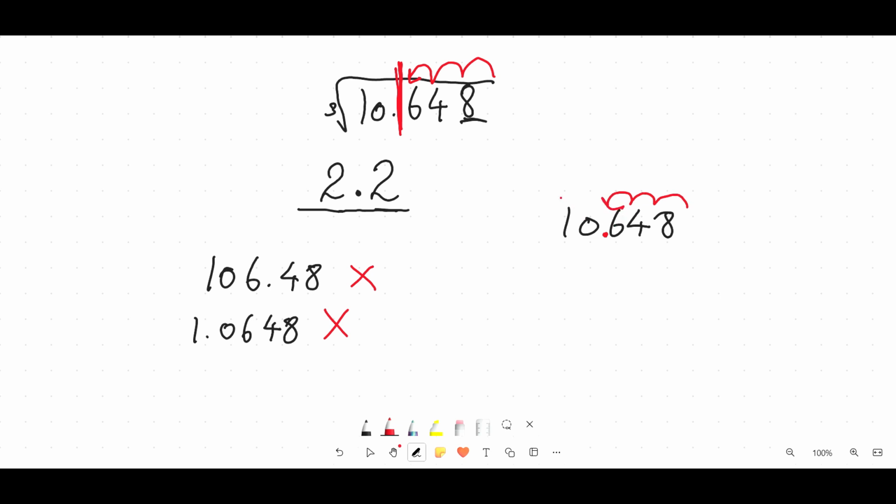Only then will this decimal number also be a perfect cube. Otherwise, for 106.48, you might get 2.2 times 2.2 times 2.2 rather than another 2. So your answer changes drastically.